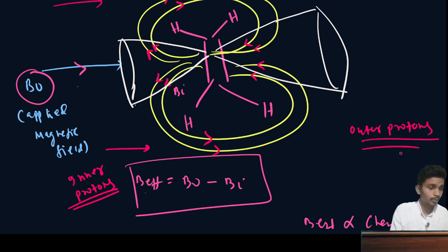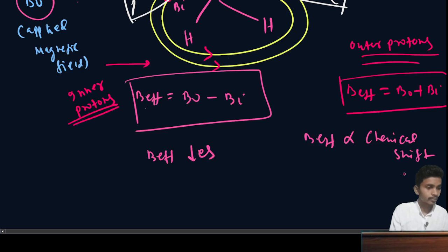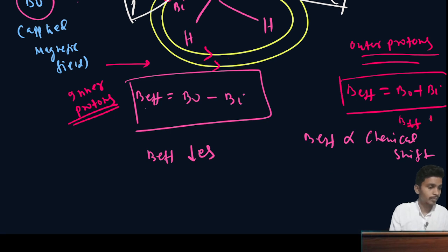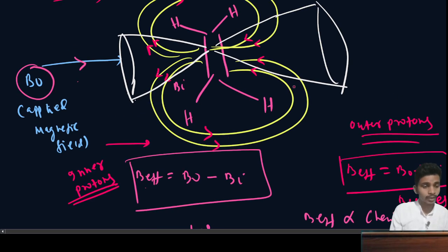Whenever B applied and B induced go in the same direction, for outer protons B effective equals B applied plus B induced. It means that B effective increases, so the chemical shift value increases for the outer protons.